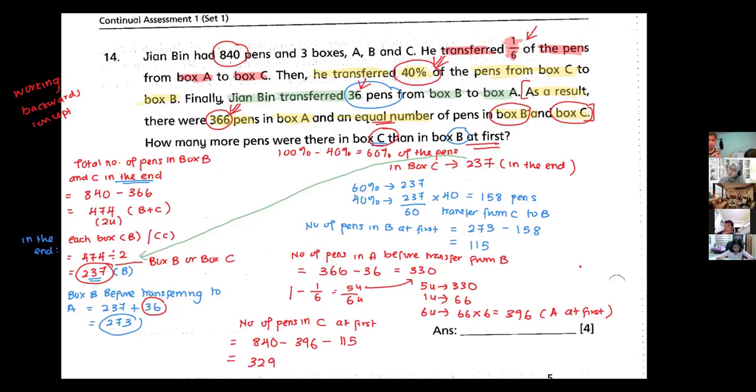So this is my C at first. Since I have my C and I have my B just now, you minus these two. You take 329 minus 115 equals 214. Answer.